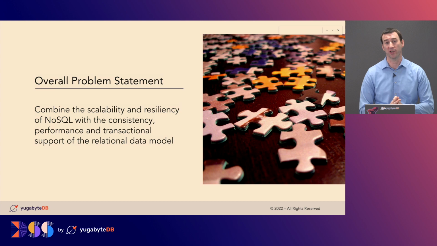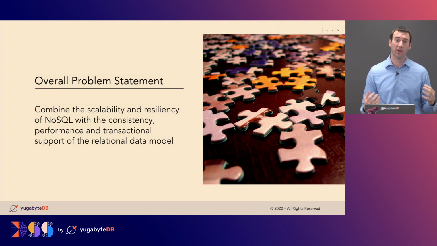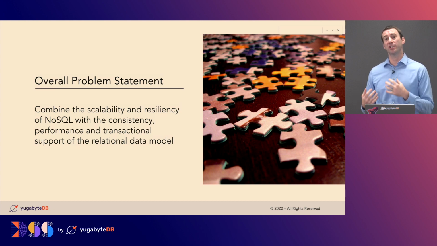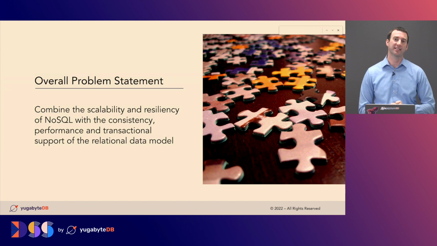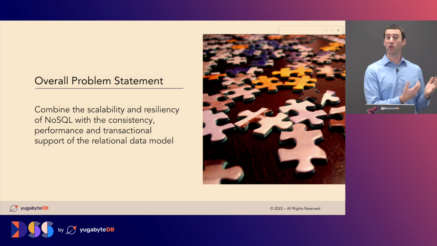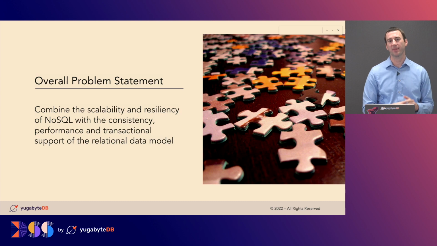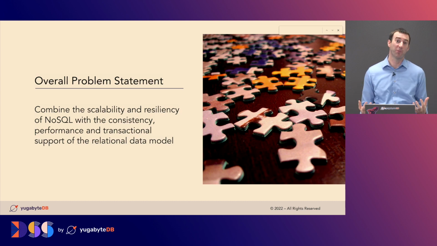And to peel back the differences, let's start by recognizing what is the overall problem that they're addressing. Whether NewSQL or distributed SQL, this recent emergence of new database technologies, why are they being created? Fundamentally, what the industry is trying to tackle is combining all the goodness that NoSQL brought with scalability and resiliency. All these features are essential to a cloud-native application in our world today, but they want to still combine that with the consistency, the performance, the transactional support that comes from that classic relational data model.